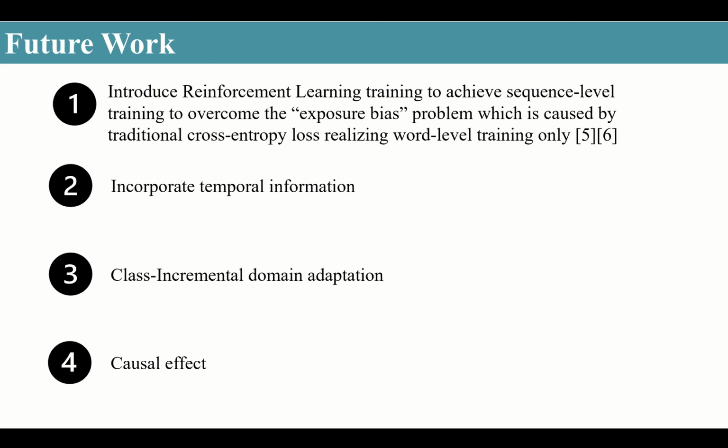And we will take a causal effect look at the training to achieve unbiased surgical report generation from videos, which means we will incorporate temporal information to achieve class incremental domain adaptation. That's all. Thank you.